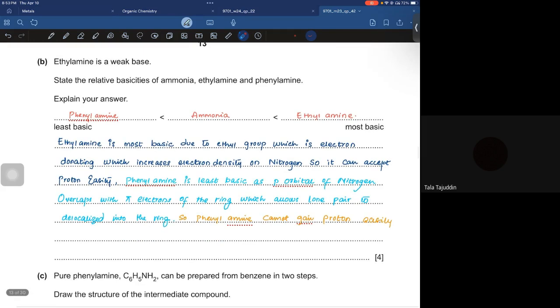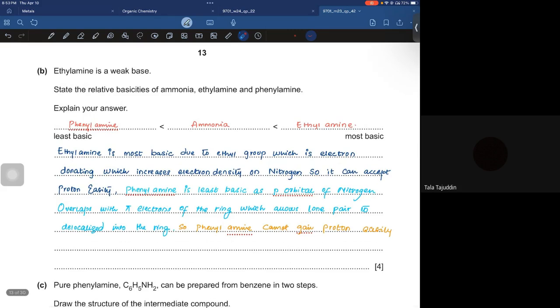Okay, so what about phenylamine? So the structure for ammonia is NH3. It's ethylamine, and it's phenylamine.